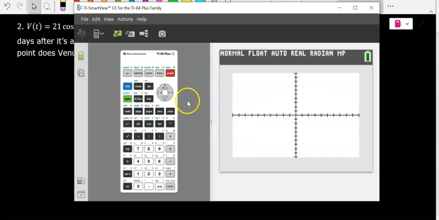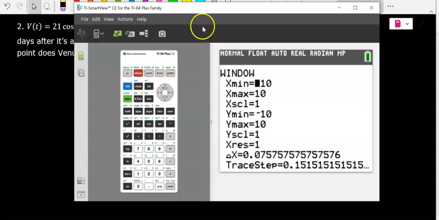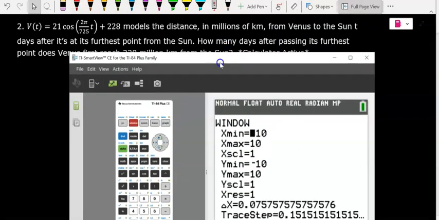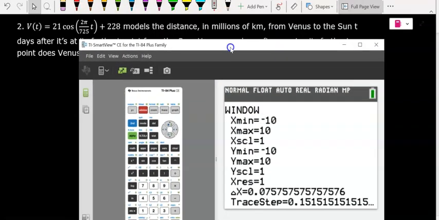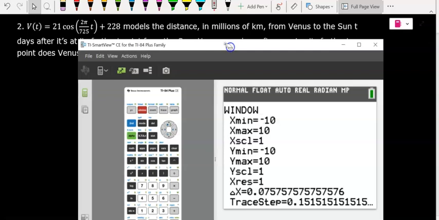Oh, but wait, that's not going to show up in my graph. The reason it's not going to show up in my graph is because I've not adjusted my window. So if I look at the window that I have set up in here, it's currently set up with pretty much what I believe is your standard window, where it goes from -10 to 10 on both your x and your y axis. Well, obviously, I can't do that on this one, because if I think about it, that 228 is that midline, and the 21 is my amplitude.